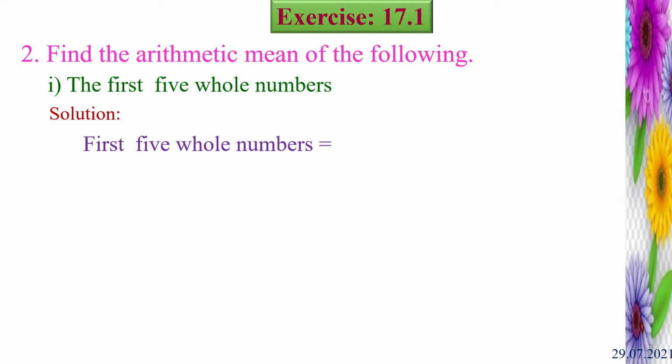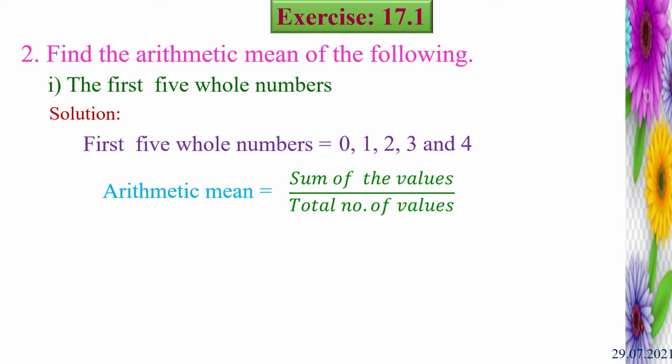The first 5 whole numbers are 0, 1, 2, 3 and 4. We have to find the arithmetic mean, which is equal to the sum of the values divided by the total number of values.